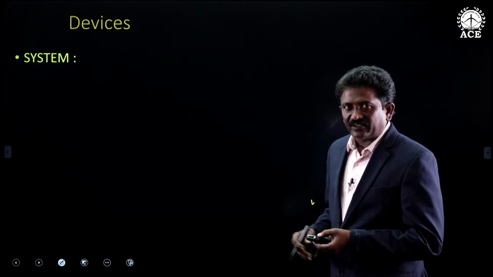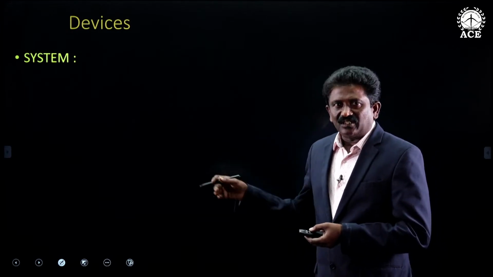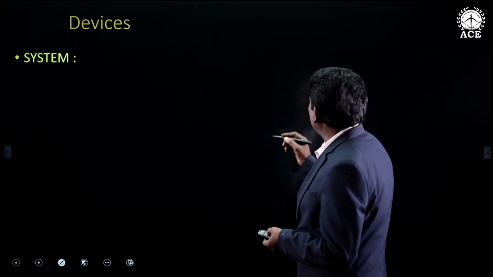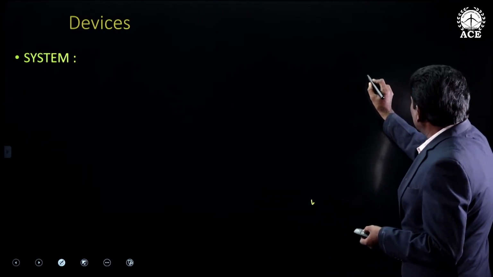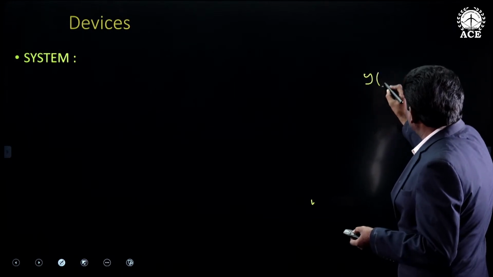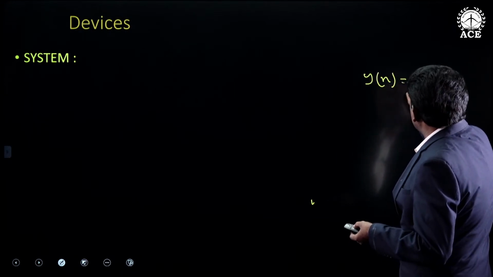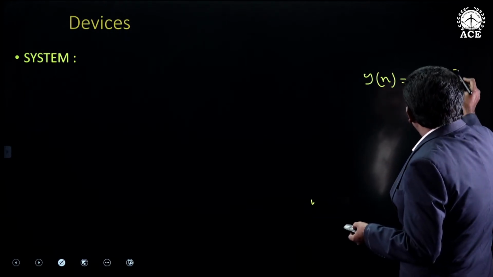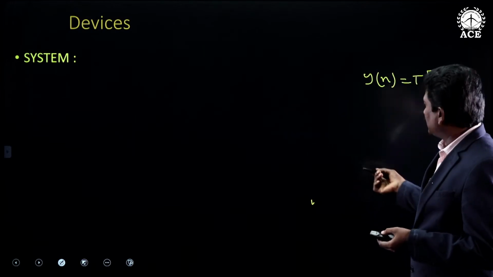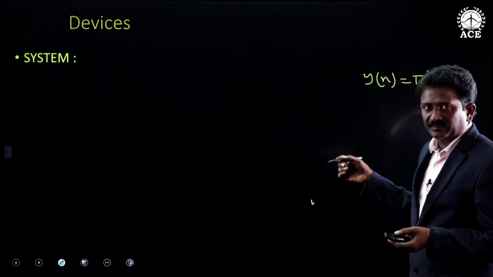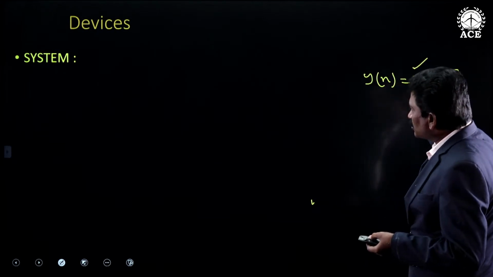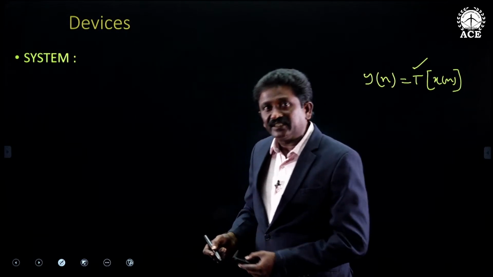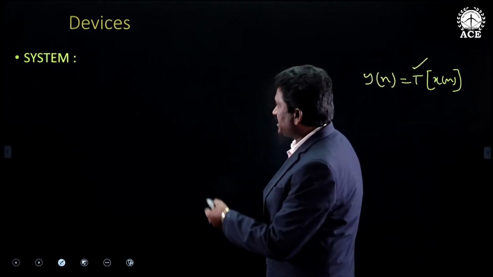According to our explanations, we have 6 types of discrete time systems. Using a discrete system, we get our output y of n equal to some transformation of x of n. That means we convert the input signal into another form with the help of some transformation. Here the transformation is the function of the system. So according to our explanations, we have 6 types of systems.